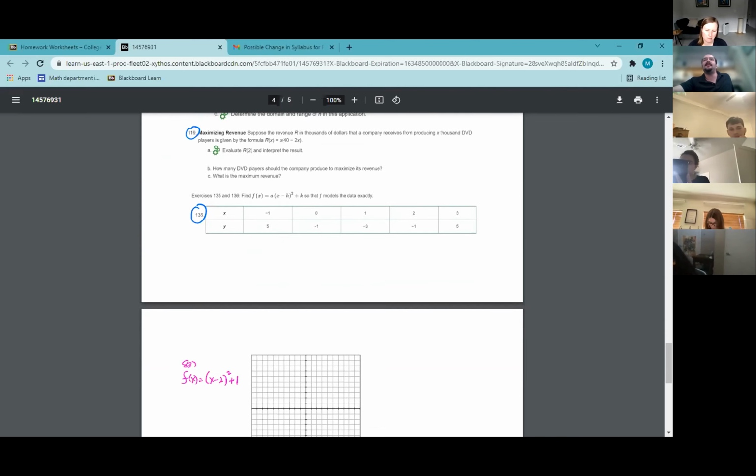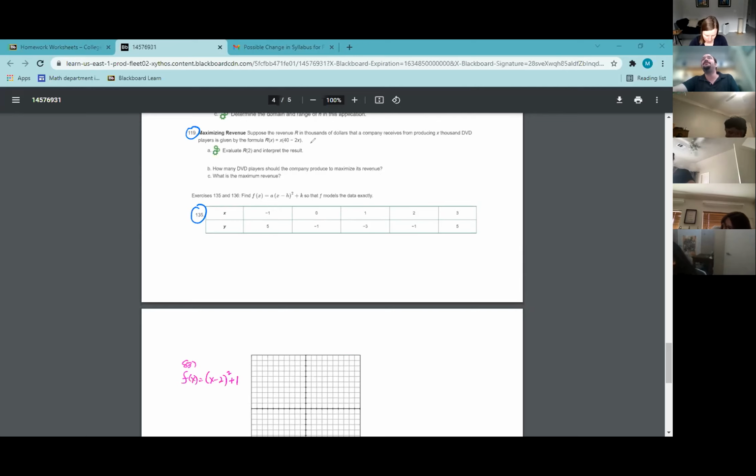So let's read 119. Maximizing the revenue. So suppose that the revenue R is in thousands of dollars, and the company receives that from producing X thousands of DVD players.